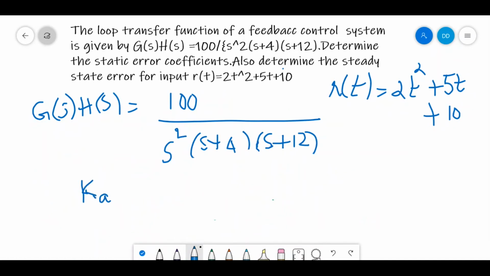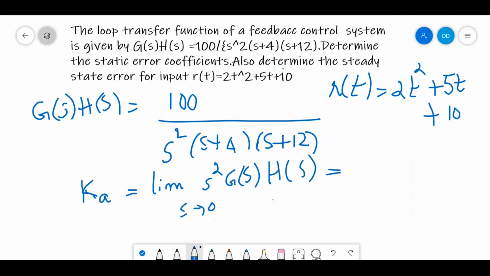Next is to find the acceleration error coefficient, which is Ka equal to limit s square G(s)H(s) as s tends to 0. If we multiply s square to this transfer function, this s square and s square get cancelled.